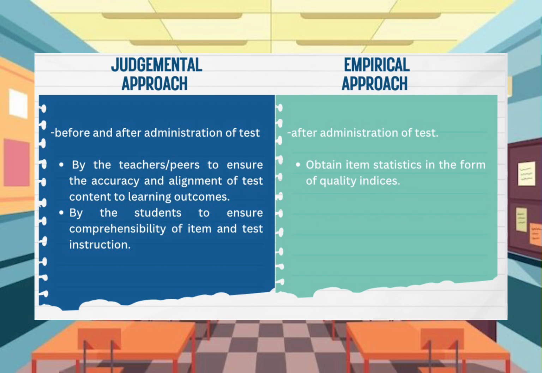The second approach is the empirical approach. After administration of the test, obtain item statistics in the form of quality indices. So those are the procedural steps in developing tests.